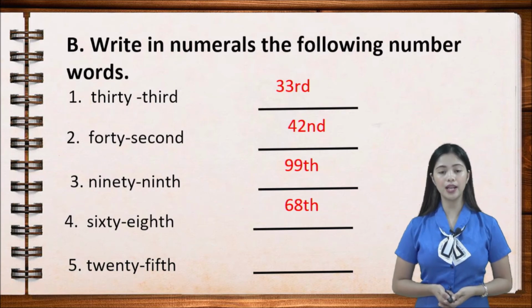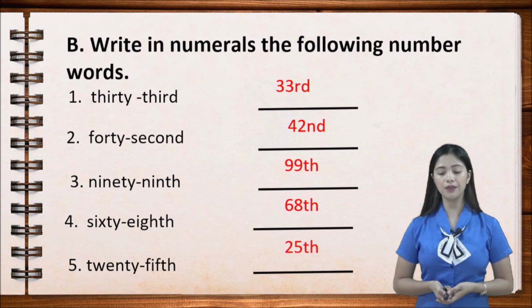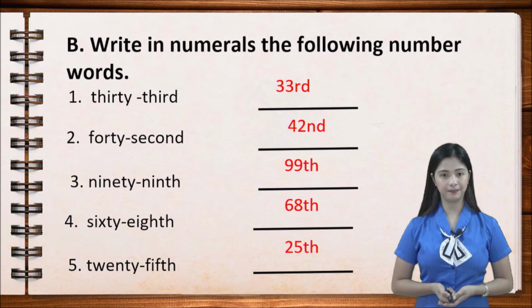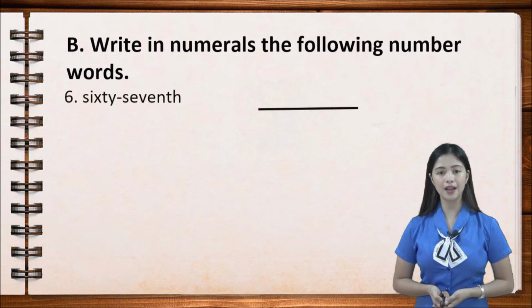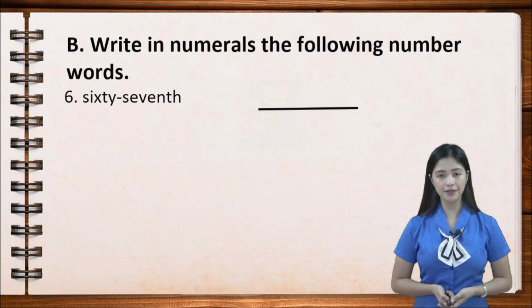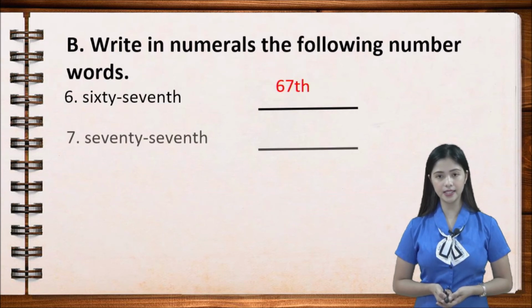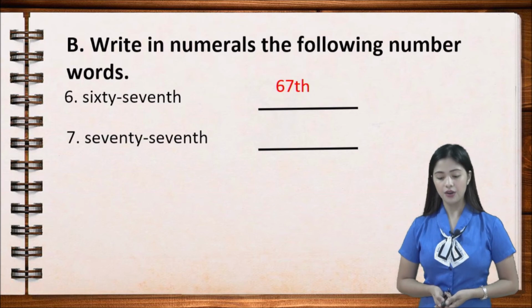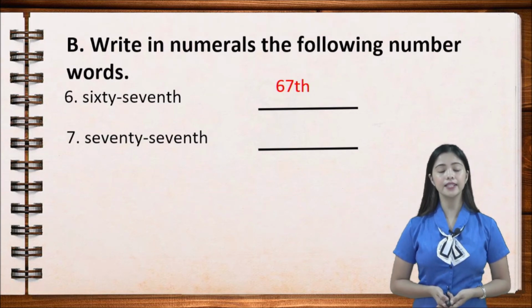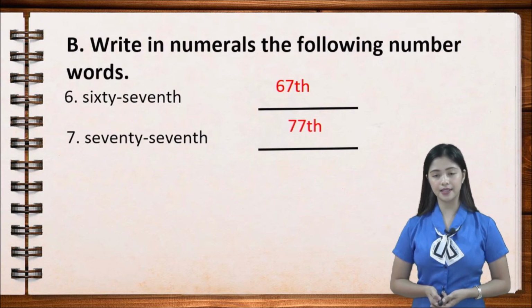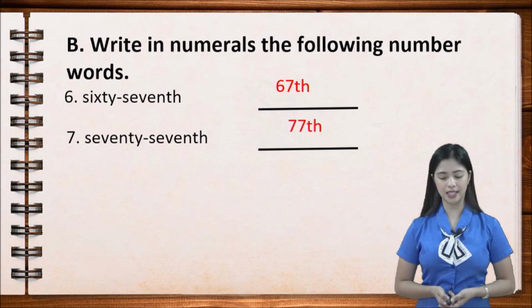So, let's write 25 plus TH. Let's proceed to number 6, 67th. So, let's write 67 plus TH. For number 7, 77th. So, let's write 77 plus TH.